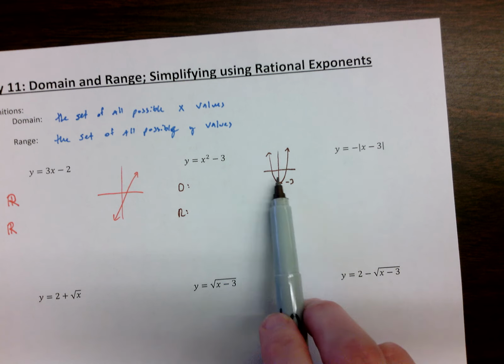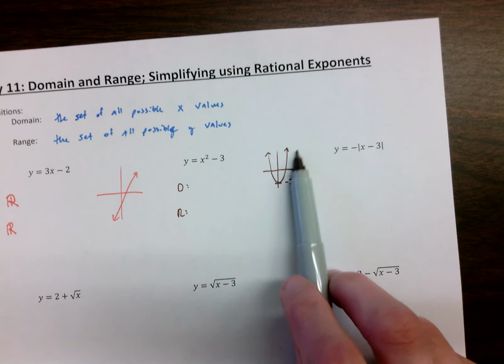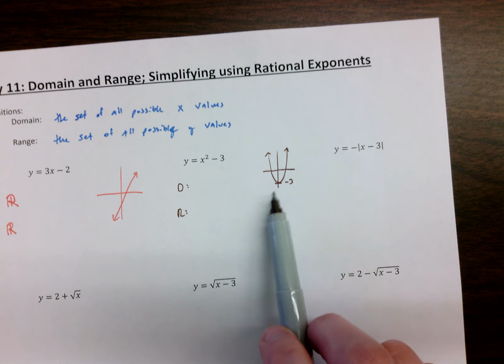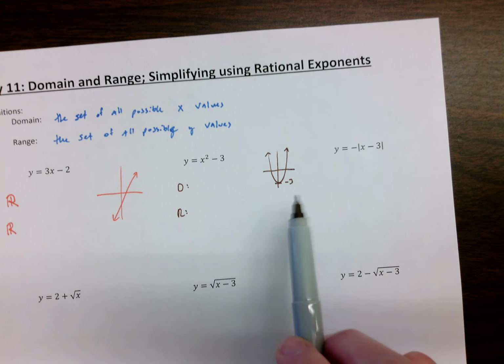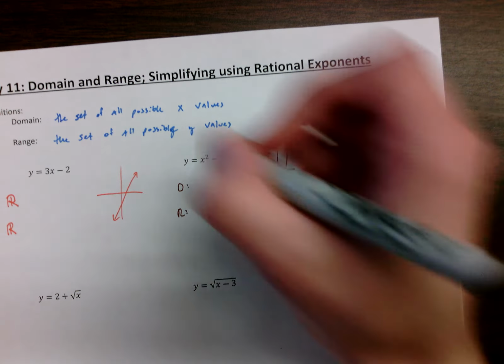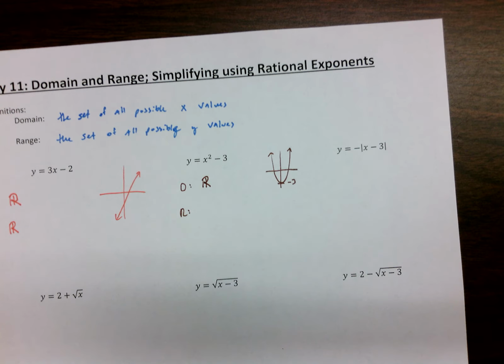Is there ever a value of x that this graph won't reach? And the answer is that the graph is going to reach all of them. This will continually get wider, slowly, but it'll eventually hit every possible x value. So your domain, again, all real numbers.